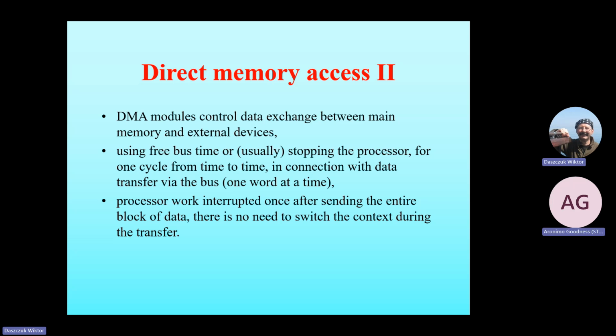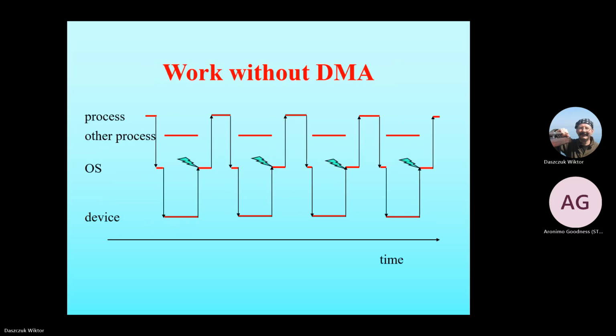And every interrupt is connected with a context switch. So it would be extremely slow. So everything is done by the DMA controller. The time scheme of this process is that we have a process that performs some input-output.